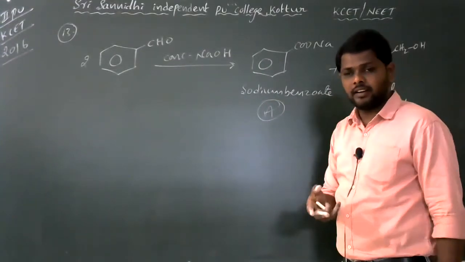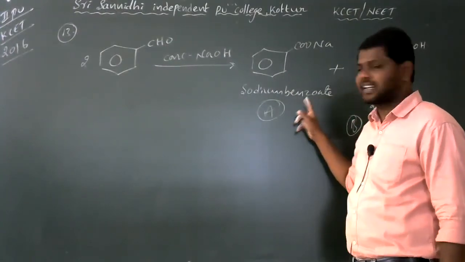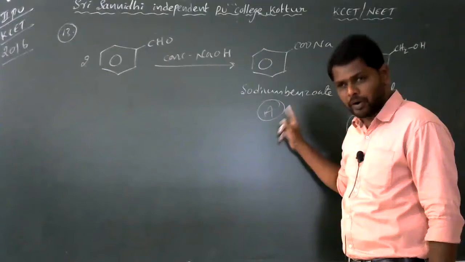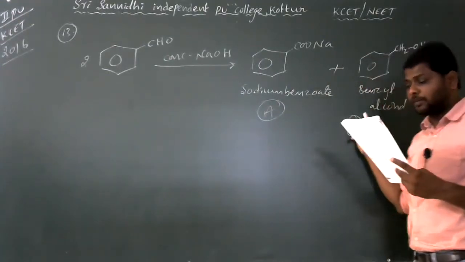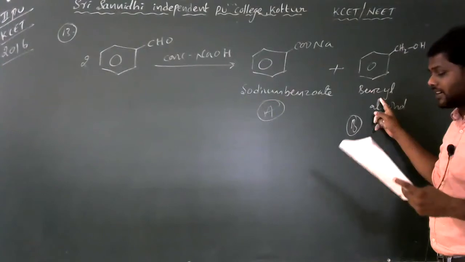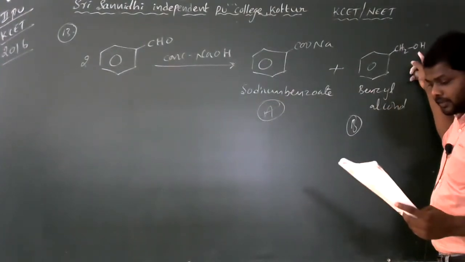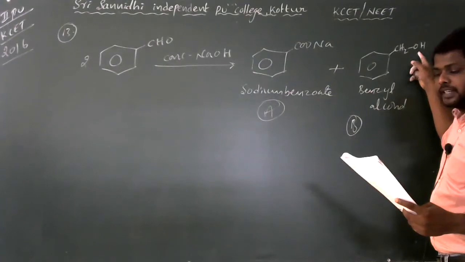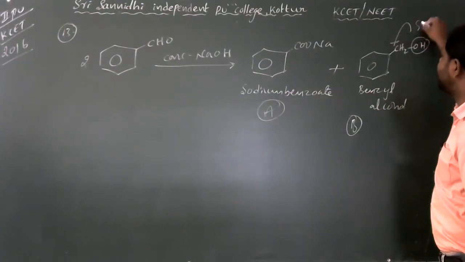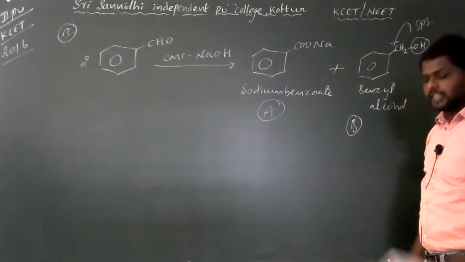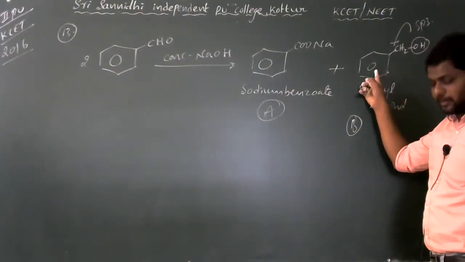Then B is formed: an aromatic hydroxy compound, where the OH group is linked to an sp3 hybridized carbon next to the aromatic ring.